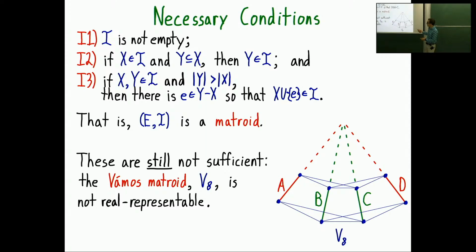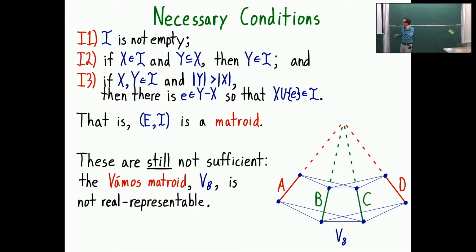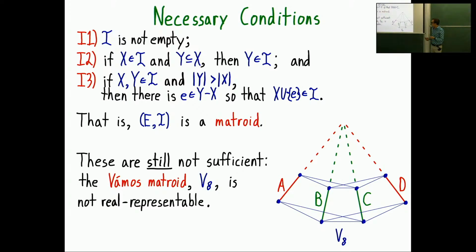So if this is a real representation, because B and C lie on a common plane, they'll have an intersection point in the real vector space. And because of the earlier non-matroid I gave, that looked like a pyramid, A will have to contain this intersection point.